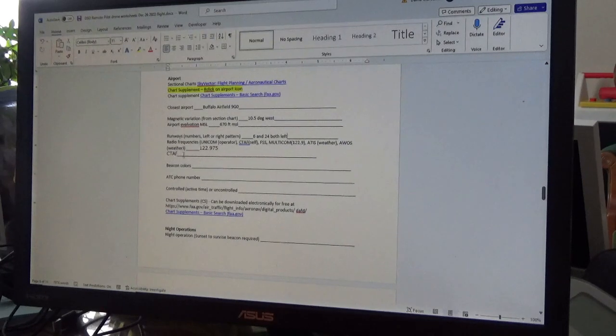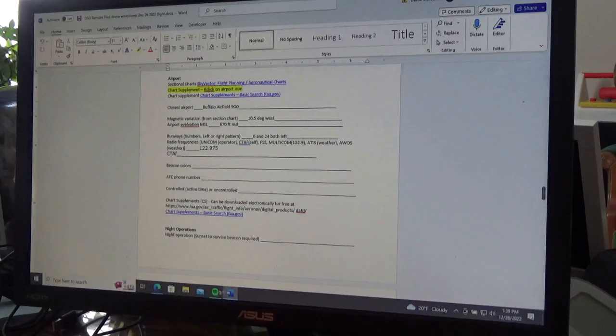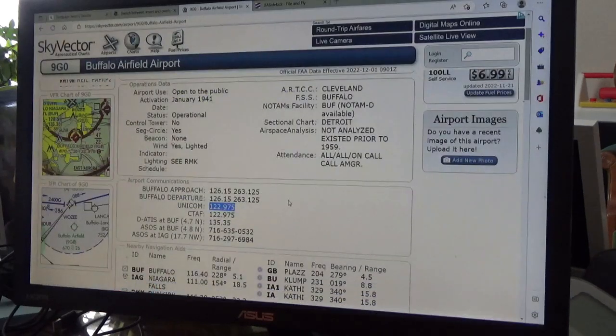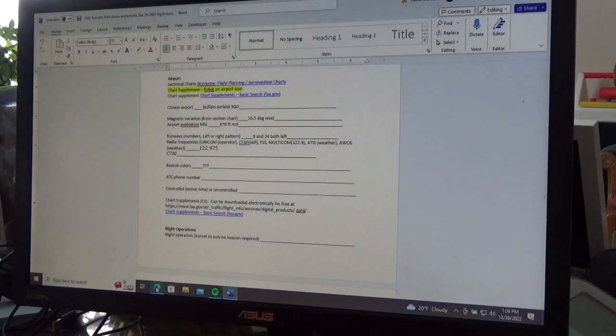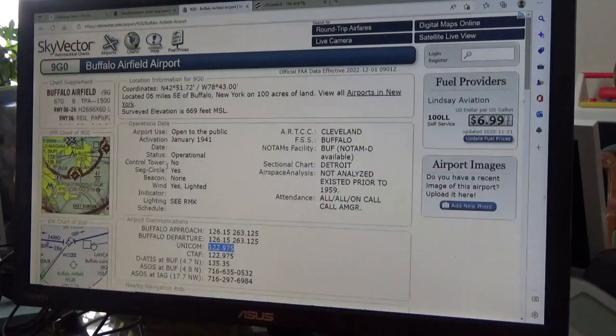So we did that, CTAF, beacon colors. Let's see what it said. I think it's put questions there, so I'll go back and take a look. ATC phone number. Air traffic control, I think, is out of Cleveland. Yeah, Cleveland air traffic control. Over here.